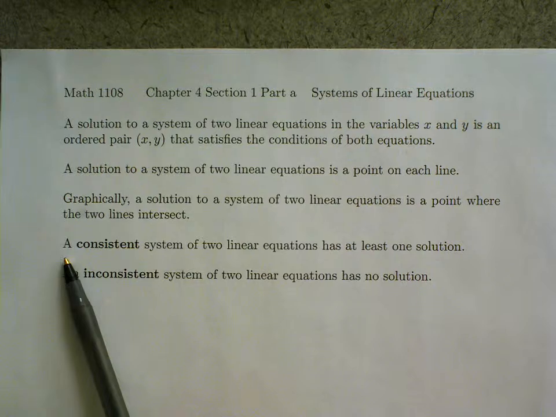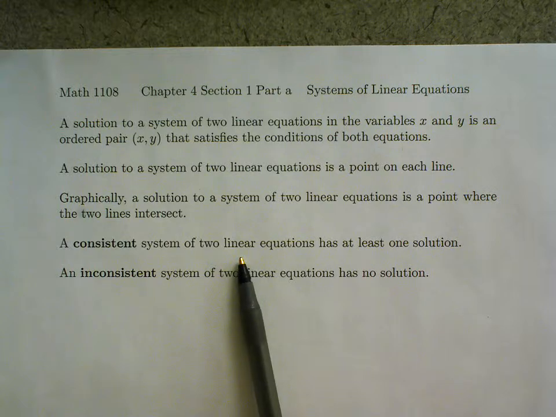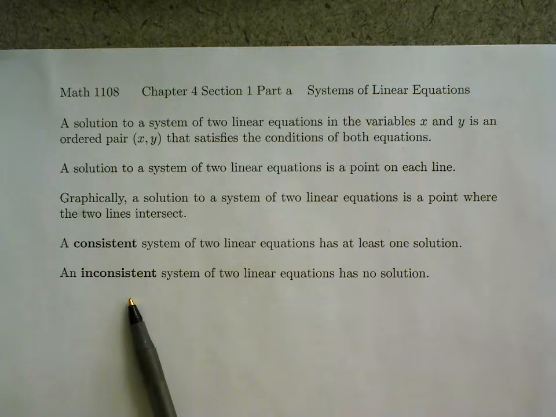A term that you'll need to be familiar with: a consistent system of two linear equations has at least one solution. And an inconsistent system of two linear equations has no solution.